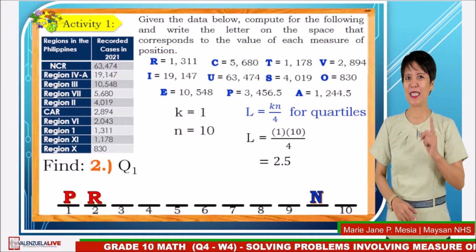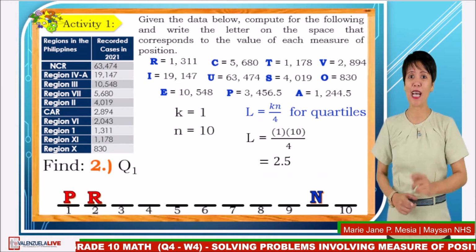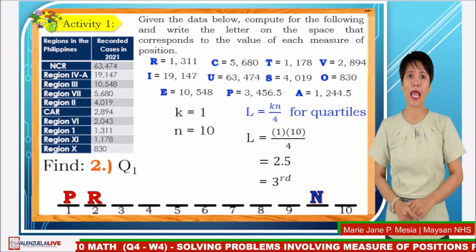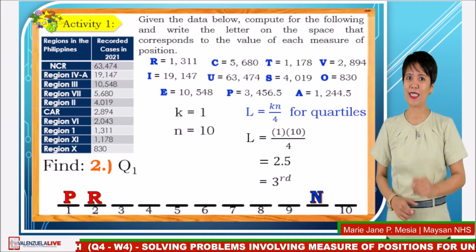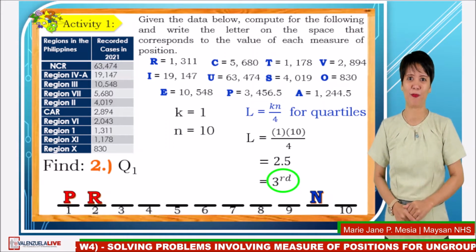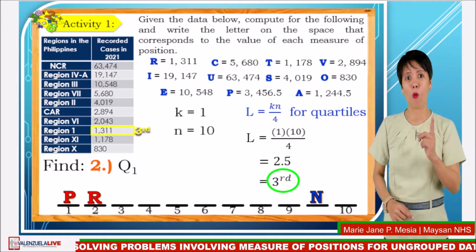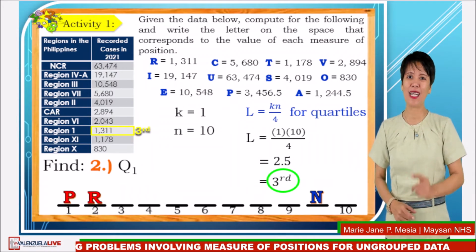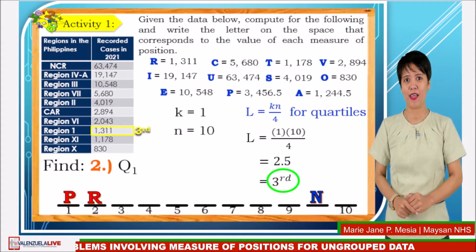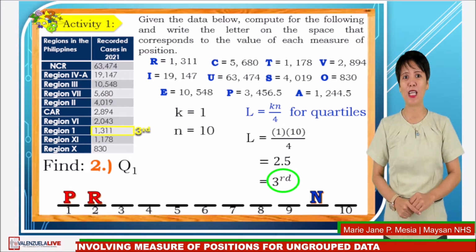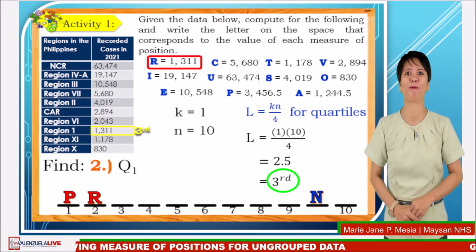Since this is not a whole number, round up 2.5 to the next whole number, which is the 3rd position. It is in the region 1, whose cases is 1,311. And the letter that corresponds to the value is letter R.